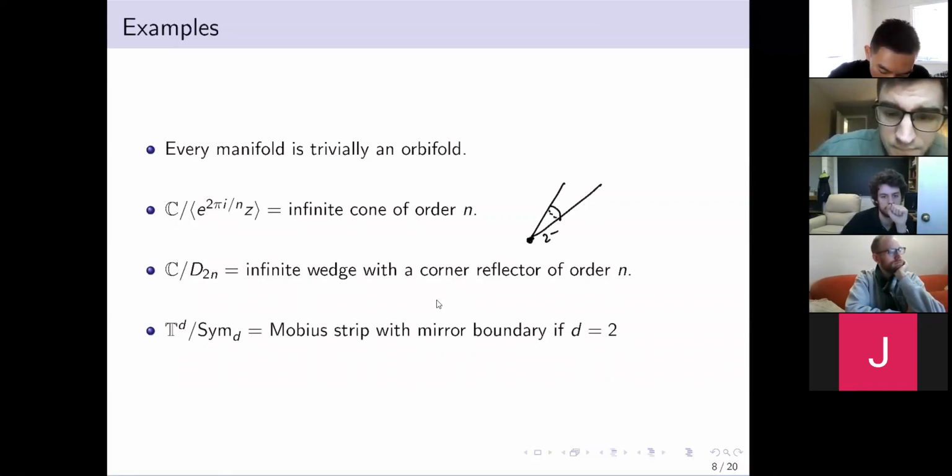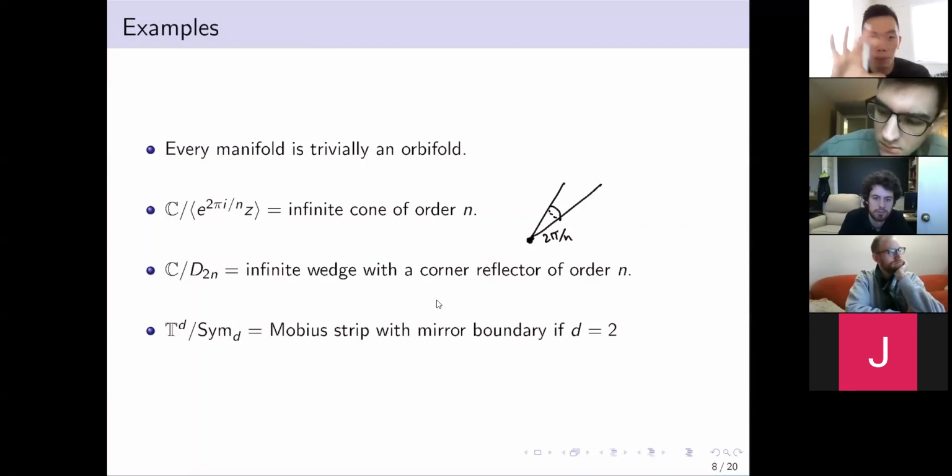The angle is going to be 2 pi over n, really. What angle really means is basically, you have the complex plane with the Euclidean metric on it. We know the notion of distance and angles. If we take the quotient, we wrap it around and get a cone. Any circle centered at this cone point is going to have angular measure 2 pi over n. That's just what it means to have some angle.